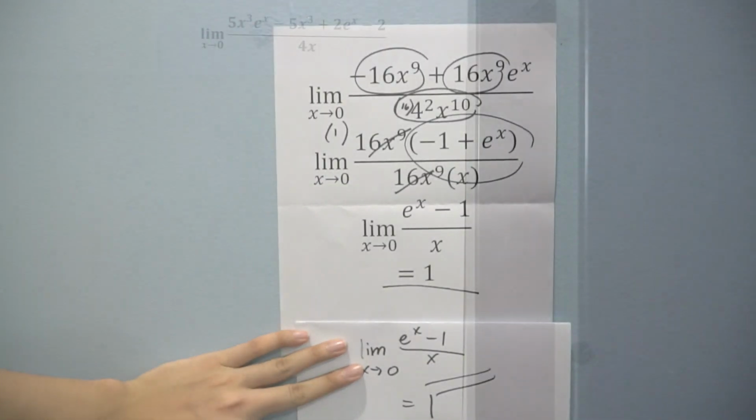Easy peasy. For our third problem, we have to find the limit of (5x cubed e to the power of x minus 5x cubed plus 2e to the power of x minus 2) all over 4x as x approaches 0. The first thing we have to do is find the factors of the numerator, which are 5x cubed plus 2 and e to the power of x minus 1.